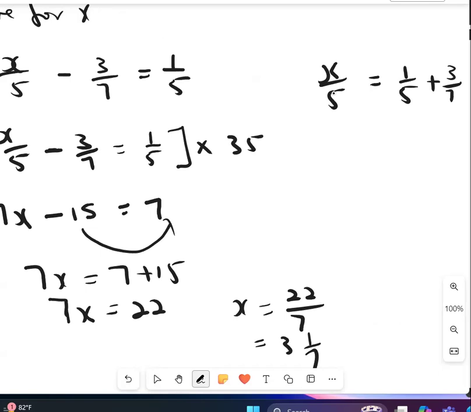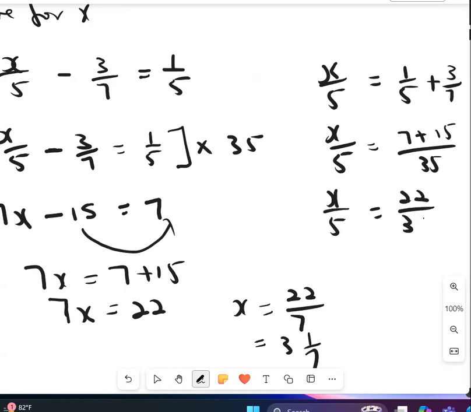Add these two up. LCM is 35. So you have 7 times 1 is 7, and 5 times 3 is 15. So you end up with x over 5 equal to 22 over 35.